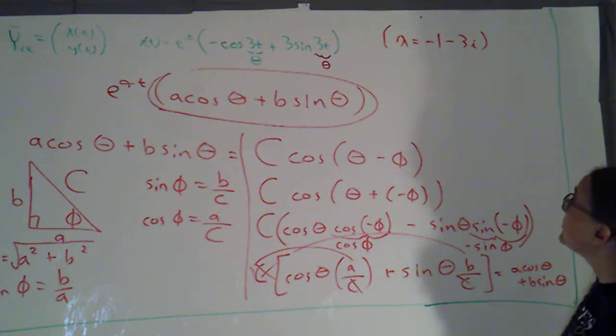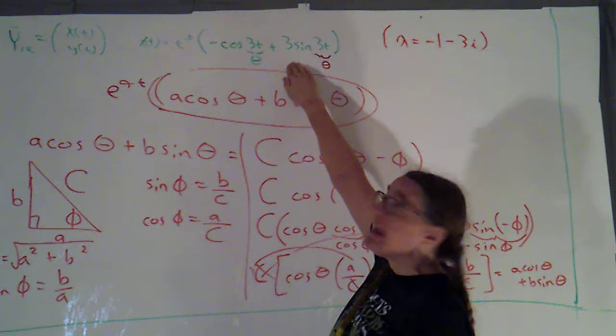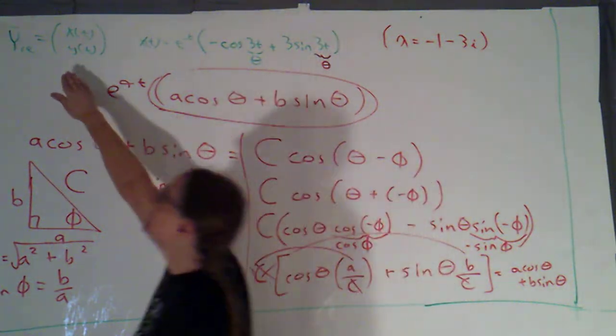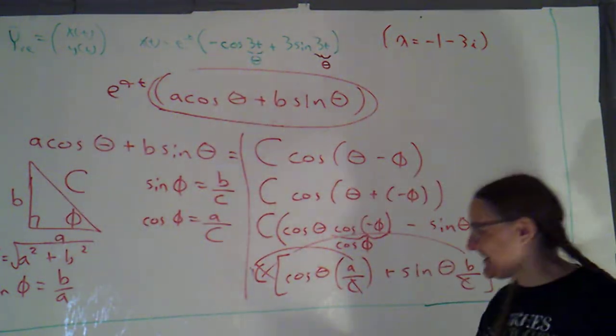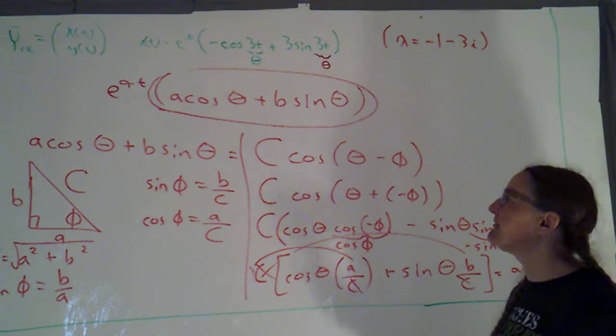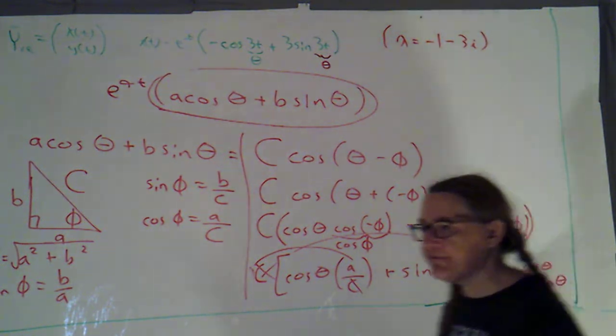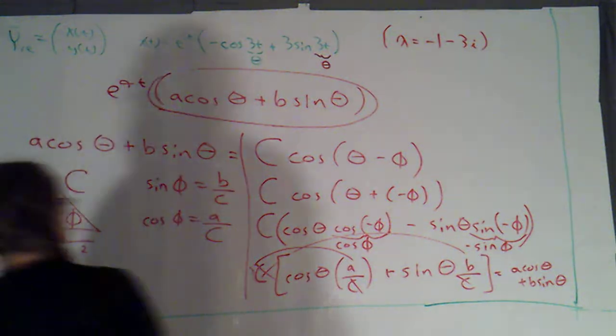So let's take a look at the x function that's part of the real part of the complex solution that we found, and let's find the phi and the c for that particular function.